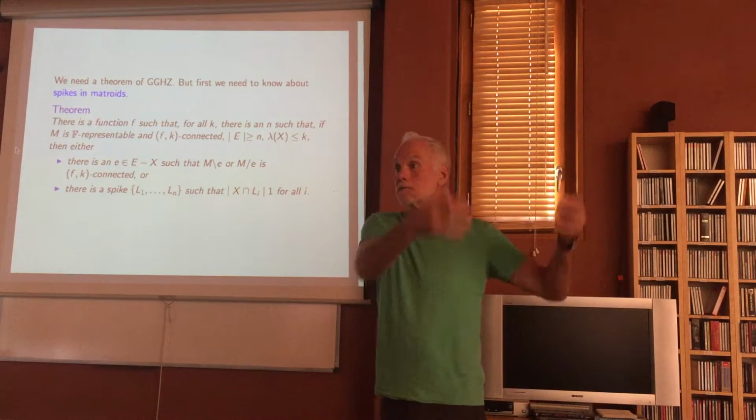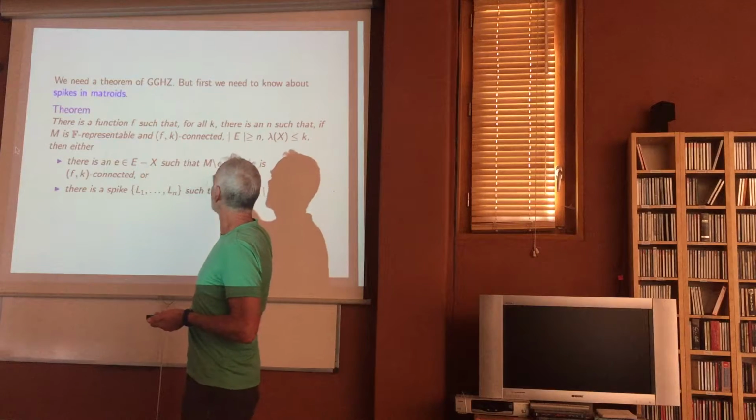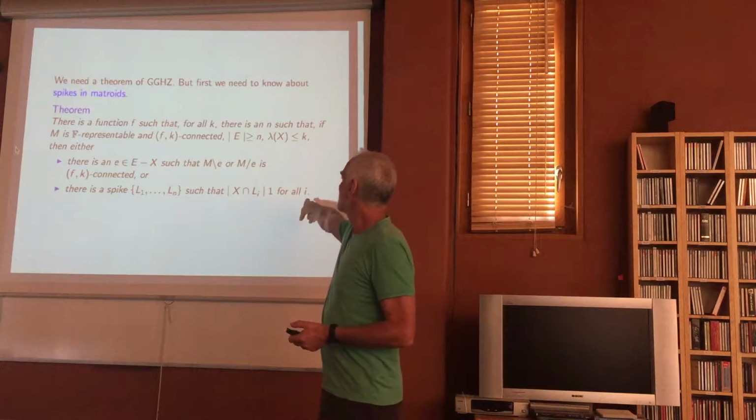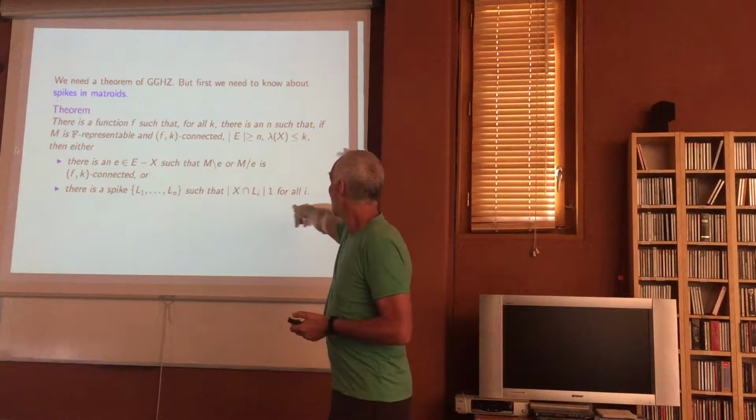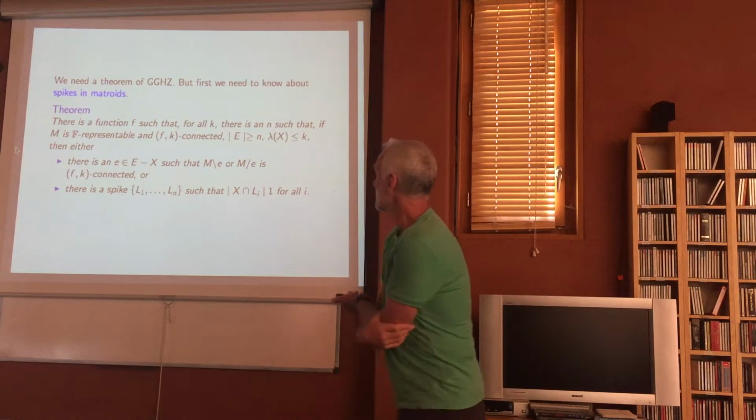I'm saving it up, I don't want to remove anything in that set, but I can always find something in the complement to delete or contract to keep FK connectivity, or I've got spikes kicking around. And that's less than or equal to B.